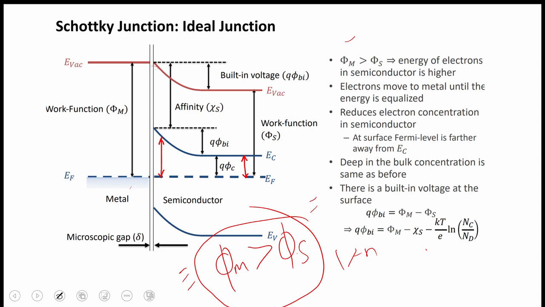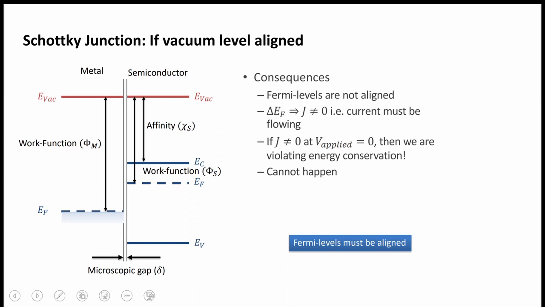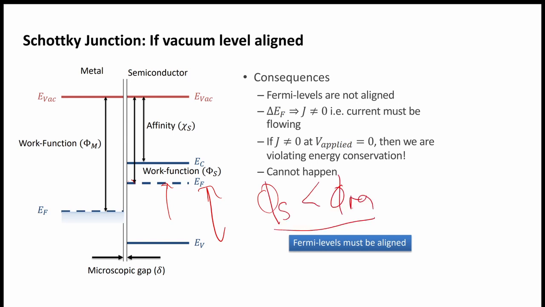In this case, the Fermi level is less in the semiconductor, so electron energies are higher in the semiconductor. If phi s is less than phi m, then this direction is nothing but electron energy.